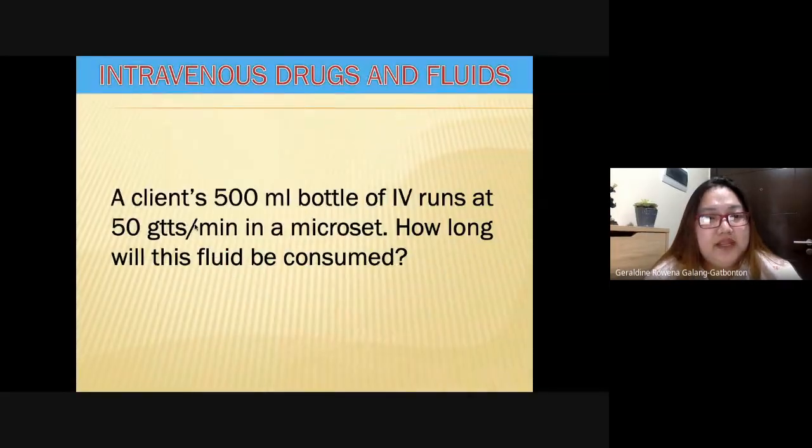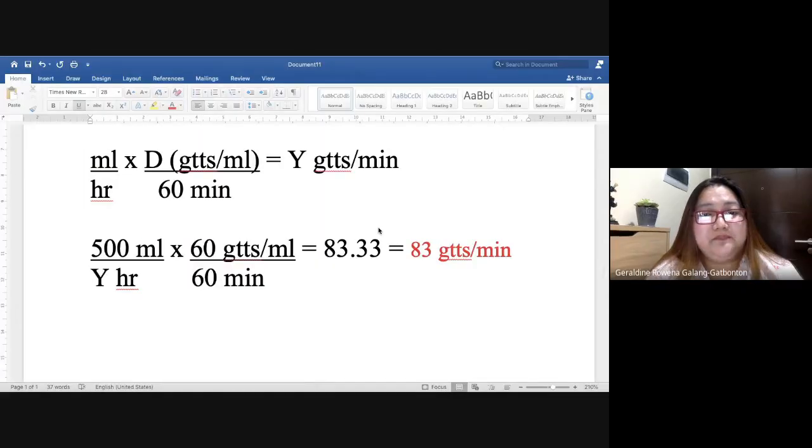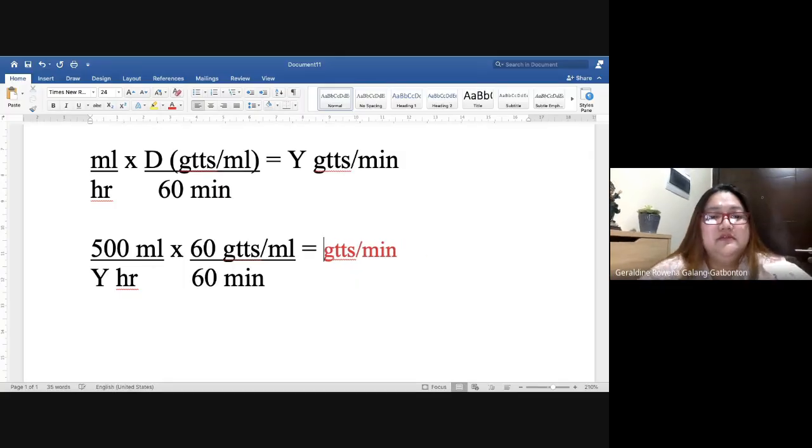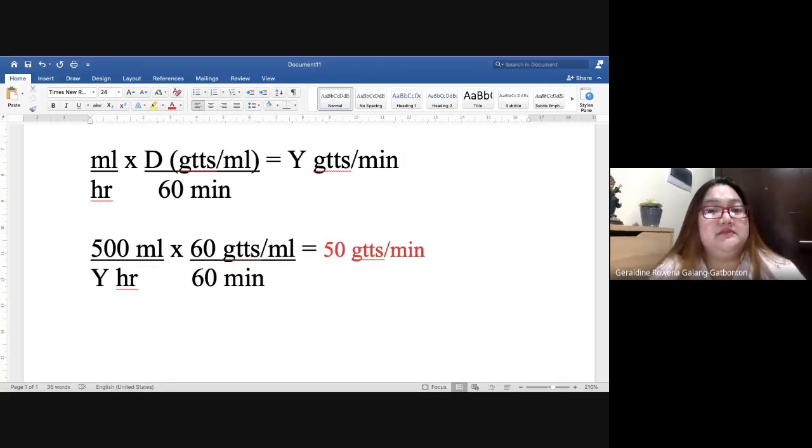Ngayon, ano daw yung rate? Drops per minute. Okay? So, ibig sabihin, ito ay 50 drops per minute. So, ang tanong, gaano kadami or gaano katagal yan kinoconsume? Again, I can multiply this. So, 500 times 60. Diba? I can multiply this. Y times 60.